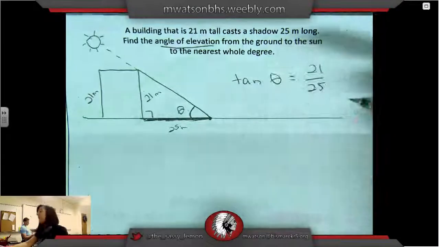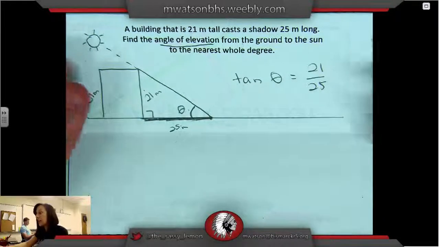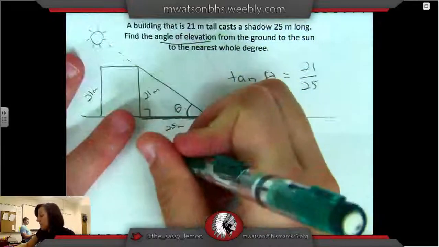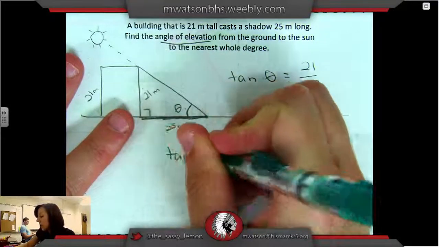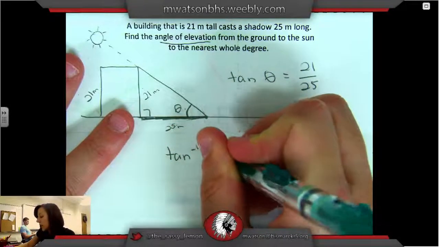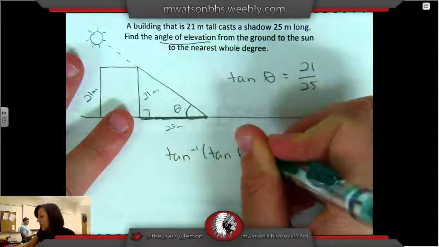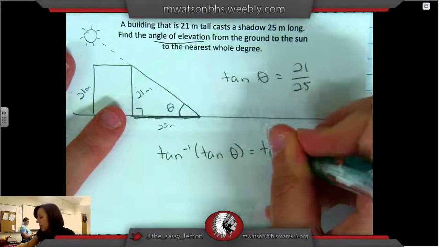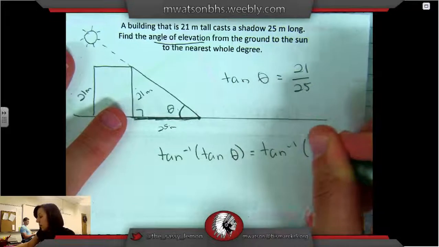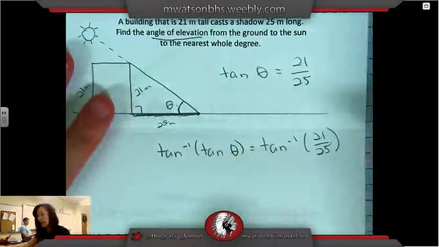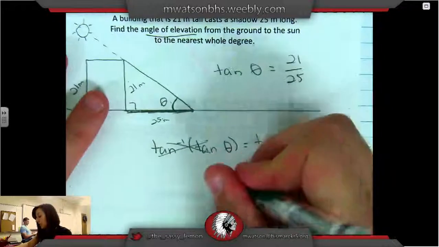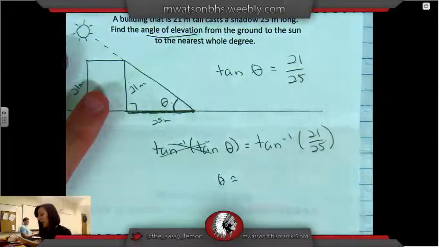And the only way to get rid of tangent is by using the inverse function. So we're going to do inverse tangent of tangent theta equals inverse tangent of 21 over 25. These tangents cancel each other out, and now we can approximate our theta.